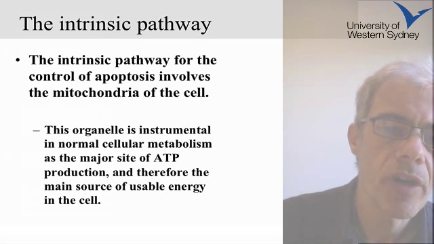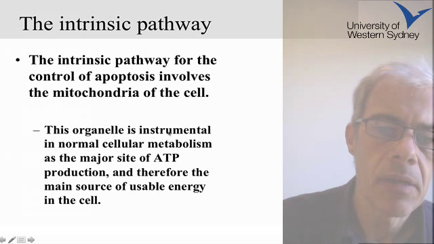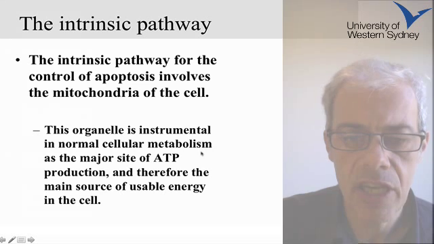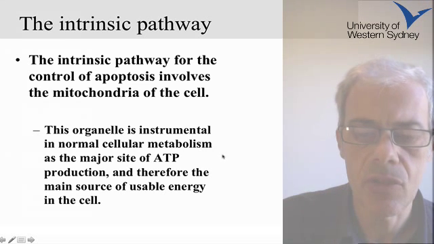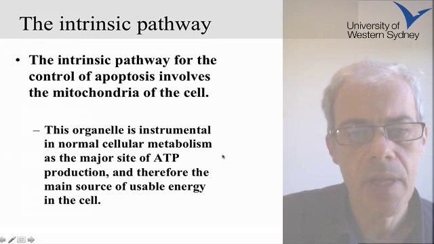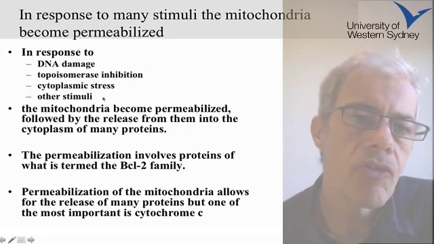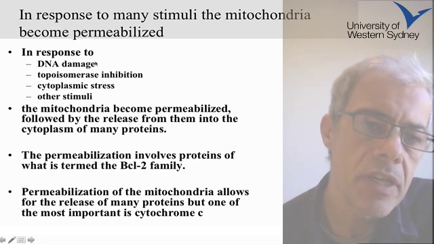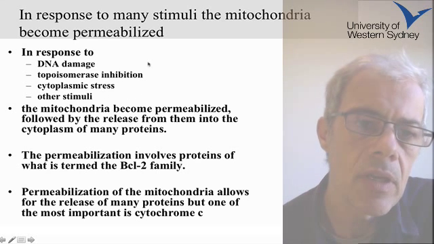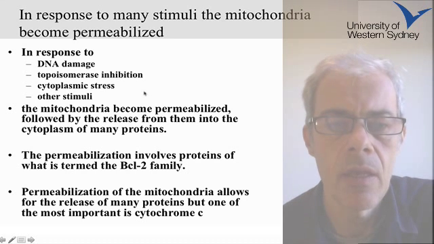Typically, the mitochondria is thought of as being an organelle whose major function is to generate ATP as an energy source for the cell, but it also has an important role to trigger apoptosis. The mitochondria is very sensitive to DNA damage and other internal factors that can trigger apoptosis.